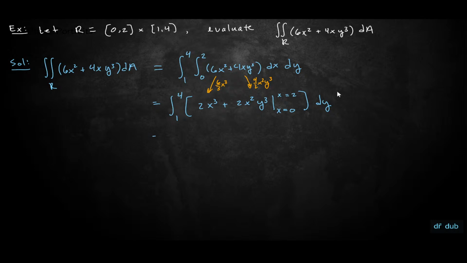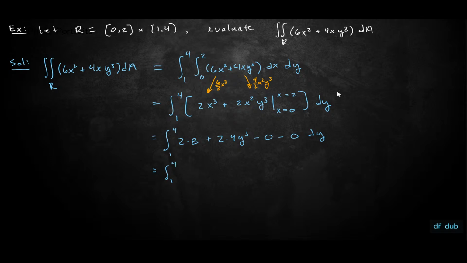Plug in the bounds. I'm going to have the integral from 1 to 4. Now if I plug in the bounds for x equals 2, I get 2 times 8 plus 2 times 4 y cubed minus 0, dy, which equals the integral from 1 to 4 of 16 plus 8y cubed dy.